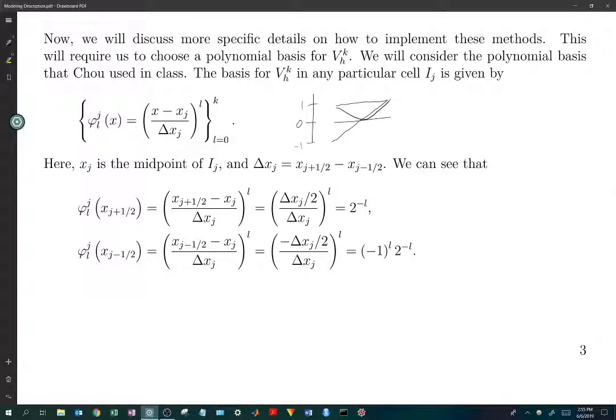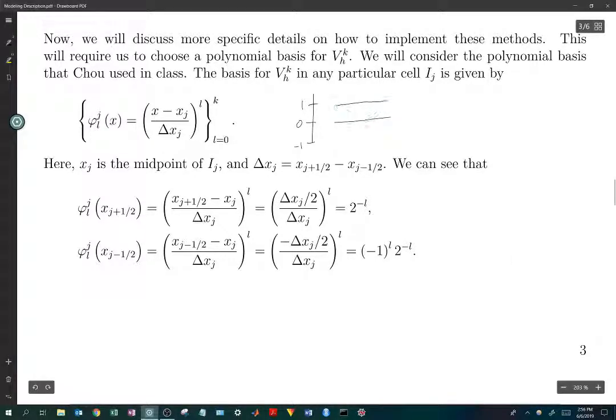All right, and so is that right? For L equals 1, maybe it's 1/2. Well, let's actually look at this. Oh, well, yeah, it is 1/2, because look at the next line here. Phi 1 at the right endpoint, which is xj plus 1, is going to be 2 to the minus 1, so it's going to be 1/2.